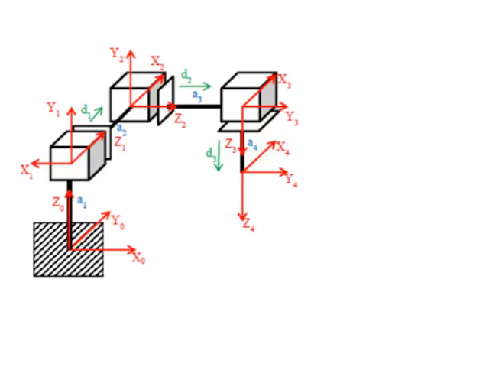So, in other words, we want to find three equations. Our first equation will be the value of D1 as a function of x 4, 0, that's the x position of frame 4 relative to frame 0, y 0, 4, and z 0, 4.